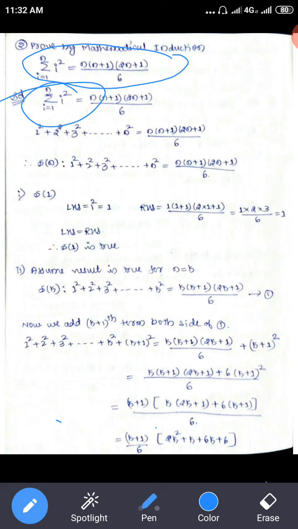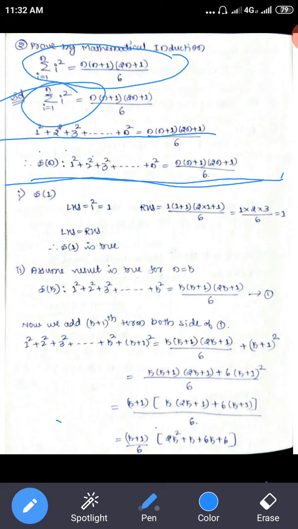So that is 1 square plus 2 square plus 3 square, and so on up to n square. The RHS remains as it is, that is n into n plus 1 into 2n plus 1 divided by 6. This I'll take as Sn. Therefore, Sn is this.